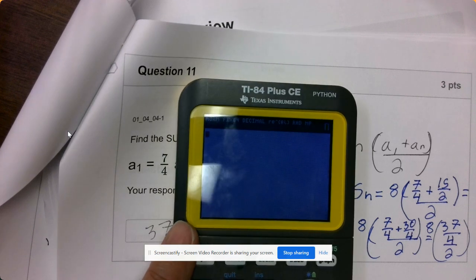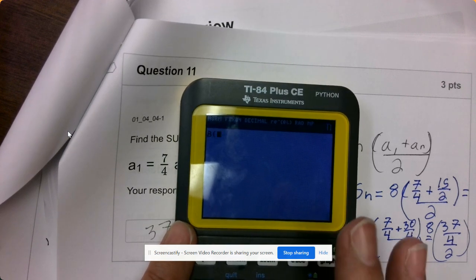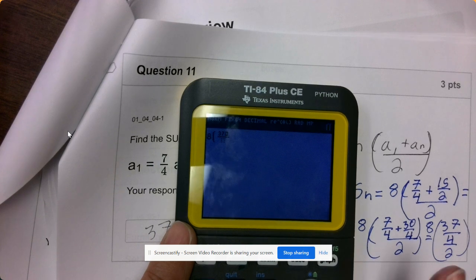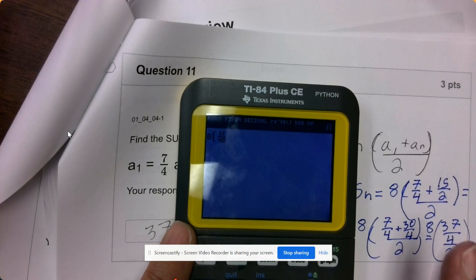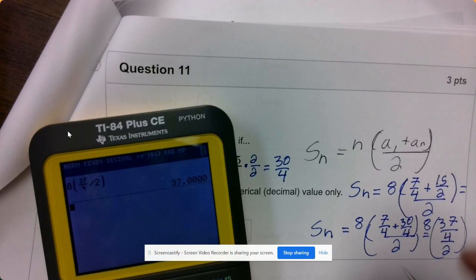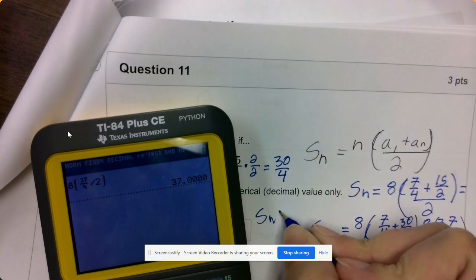So I'm going to go 8, parentheses, fraction, and then I press enter, and I get 37. So our sum, everybody, would be 37.